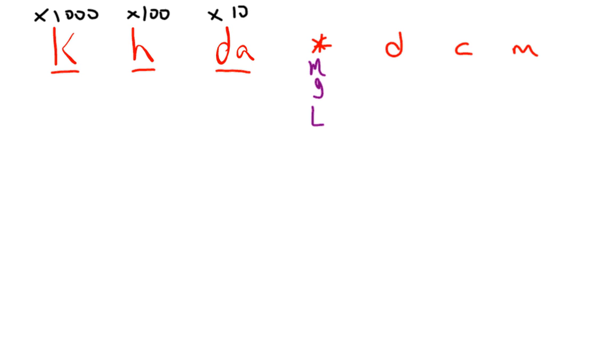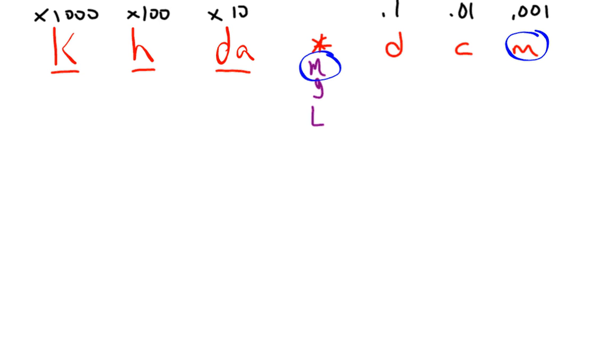Well, as you get smaller, then the D stands for deci, and deci is 0.1 grams, centi 0.01, and milli 0.001, 1,000th. Now, one of the big areas of confusion here is the fact that meter and milli have the same abbreviation.